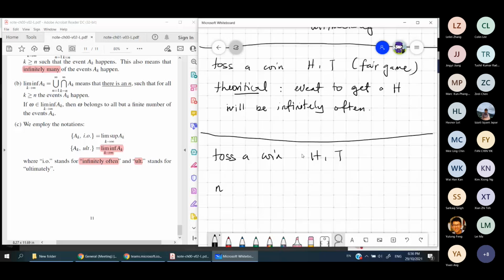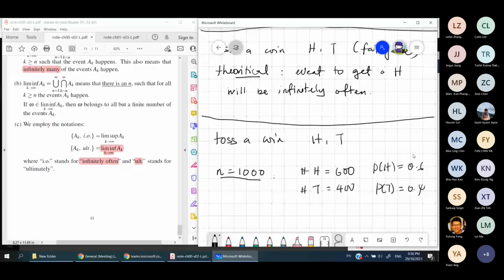For example, if you toss 100 times, maybe 1,000 times, the number of heads could be 600 and the number of tails only 400. Judging by that, the probability of getting a head is 0.6 and a tail is 0.4. Because n is not large enough, this is not really reliable.